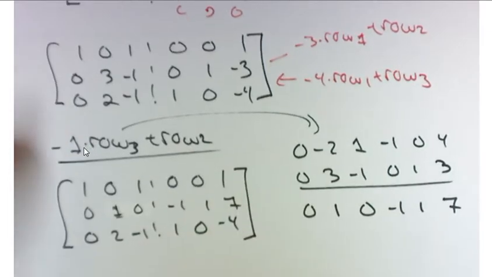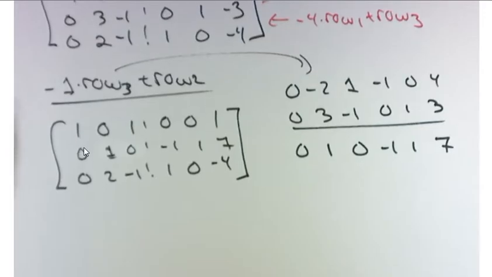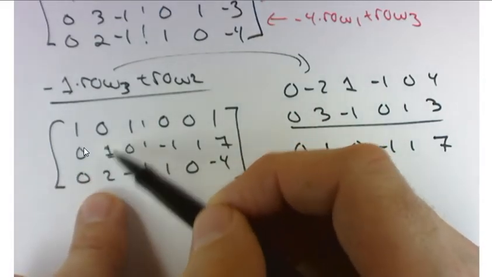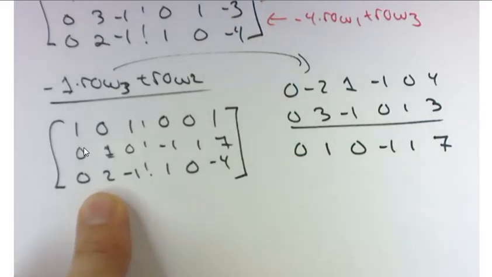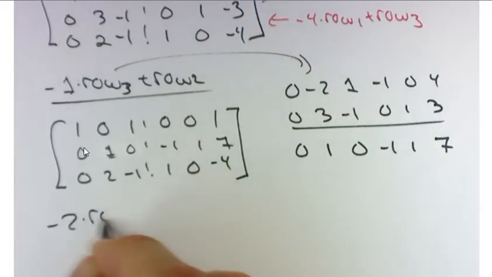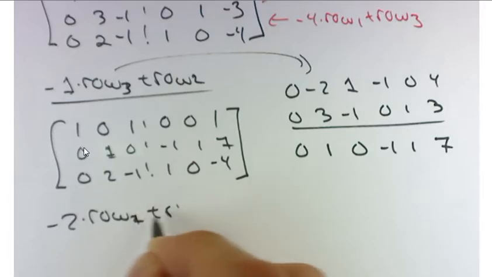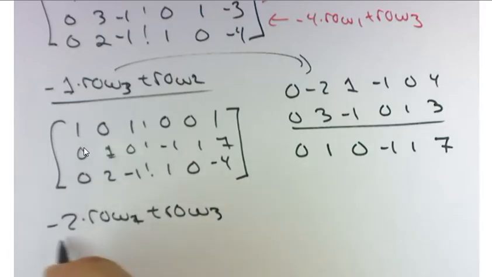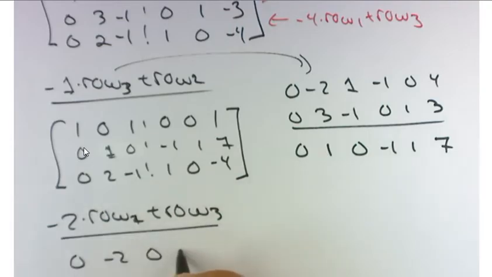So we're getting closer. We're getting really close. There's only a couple more changes we need to make. I want to make this element a 0. So negative 2 times row 2 added to row 3 is going to be 0, negative 2, 0, 2, negative 2, negative 14, added to 0, 2, negative 1, and then 1, 0, negative 4.